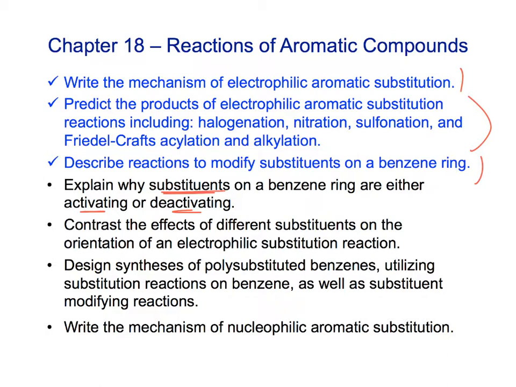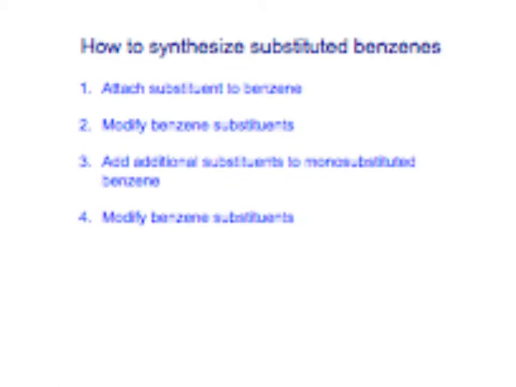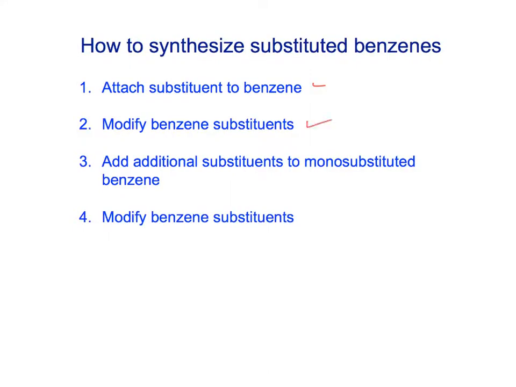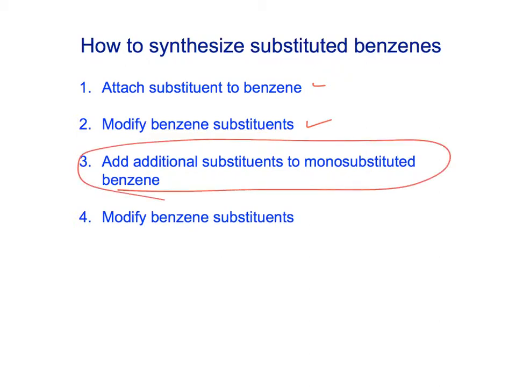A deactivating group would make it less reactive than benzene. Once we've done that, we will consider different substituents and look at whether they will direct the second group to a specific orientation, so ortho, meta, or para. Here to learn how to synthesize substituted benzenes, we've already learned to attach one group, we know how to modify them, and now we are adding our second group.